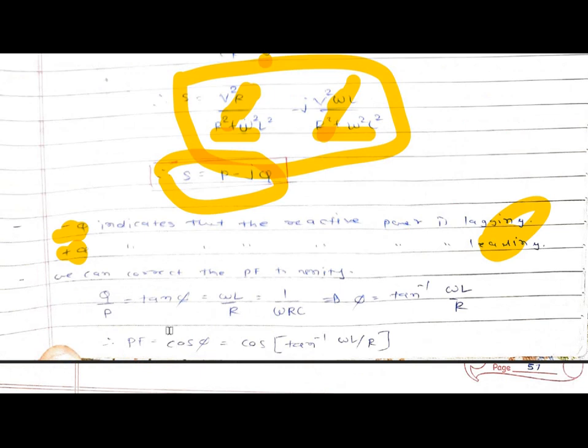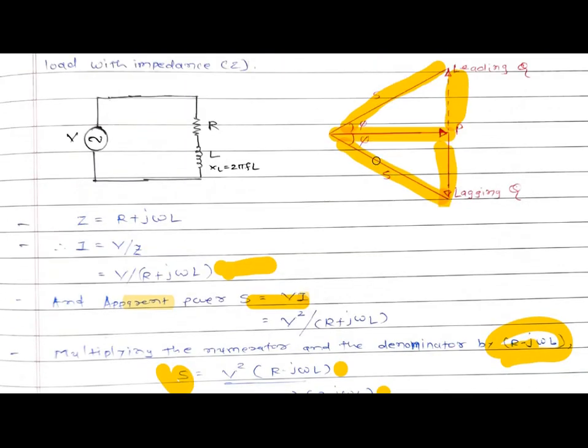Now we can correct the power factor to unity. Unity means 1, that is, power factor is equal to 1. Again we know that tan phi is equal to Q by P, from this figure.